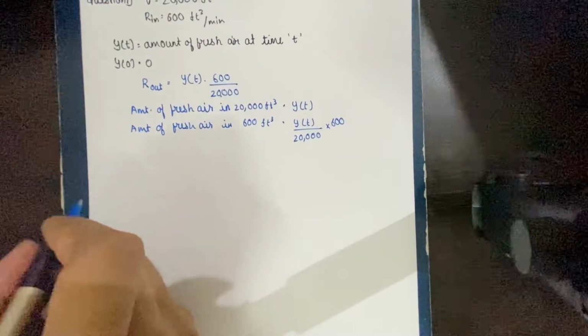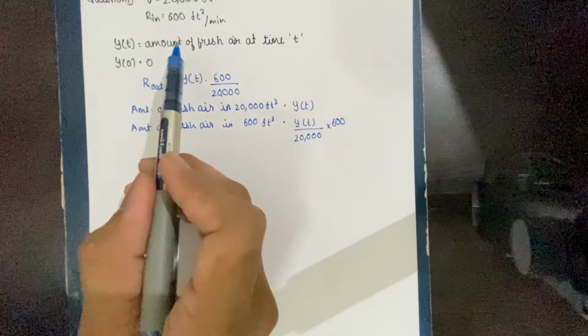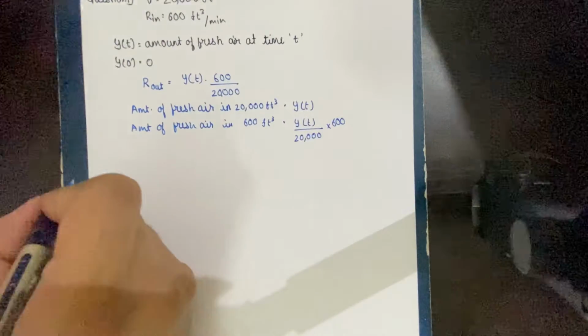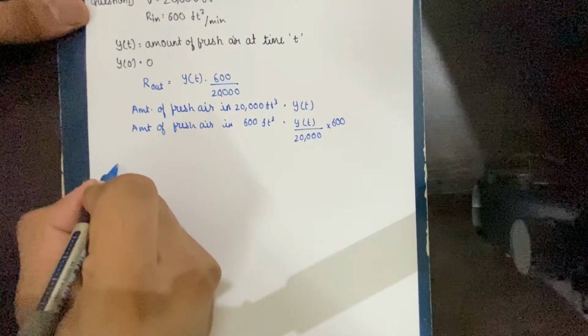Now y of t is the amount of fresh air at time t. So the change in the amount of fresh air at any given time t is y dash of t.